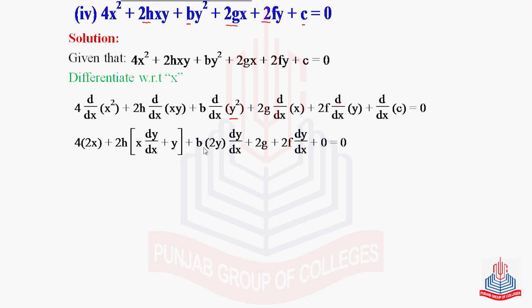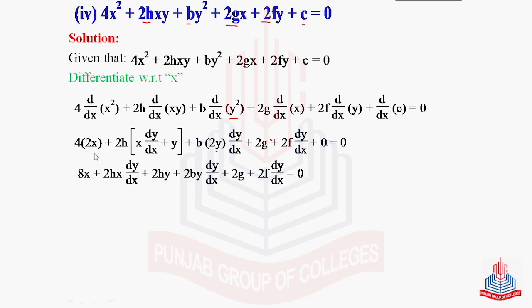Now b as it is, derivative of y square will be 2y by using power theorem. 2y power 2 minus 1 which is 1 and then derivative will apply on y which is dy by dx, plus 2g as it is, derivative of x will be 1, so 2g multiplying by 1 will become 2g, and now 2f as it is, derivative of y, this is dy by dx, plus derivative of c will be 0, is equal to right hand side 0.